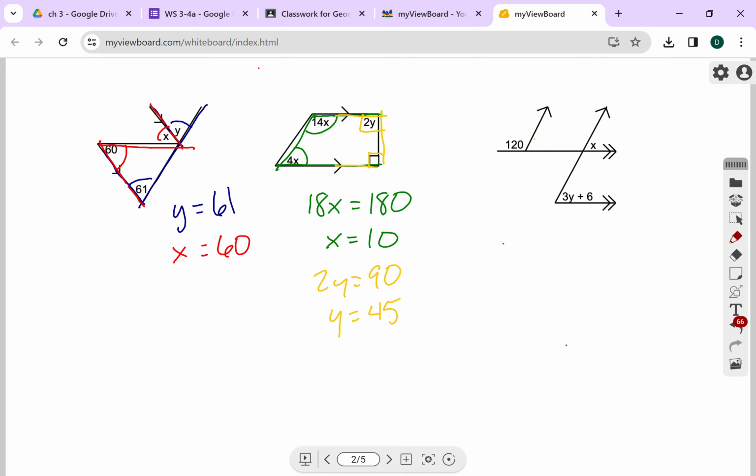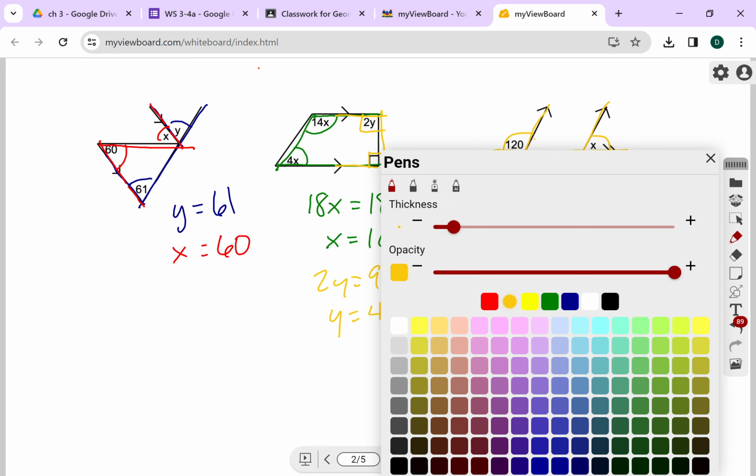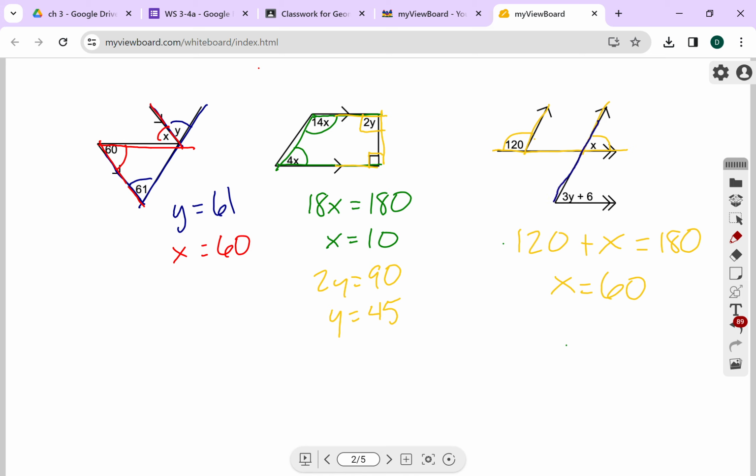Otherwise, in the next picture, when I look at this transversal and these two parallel lines, these are same side exterior. Again, you should be able to add those up to get 180. So x has to be 60 in this case. Otherwise, when I look at the other portion of the diagram, this transversal, these two parallel lines, these two angles should be congruent because they're corresponding.